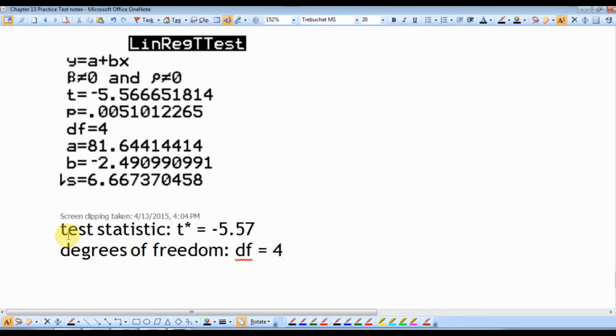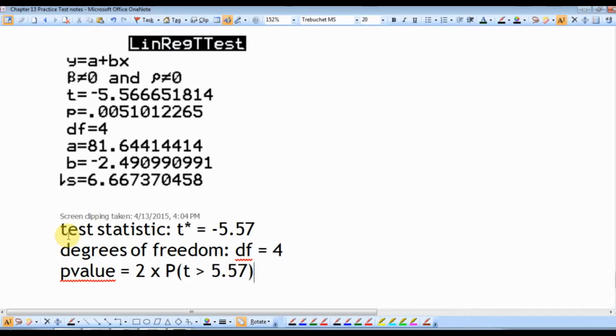P-value. That's going to be equal to 2 times the probability that t is greater than 5.57. Notice I make that test statistic positive and I double it.